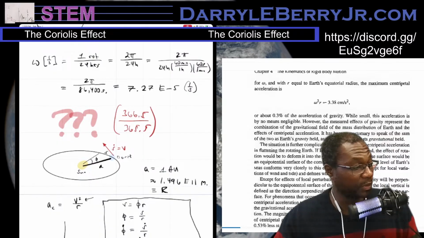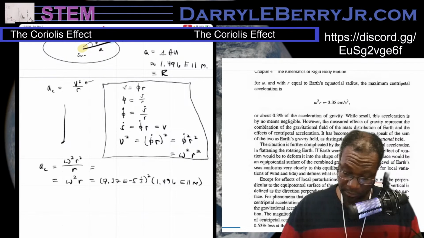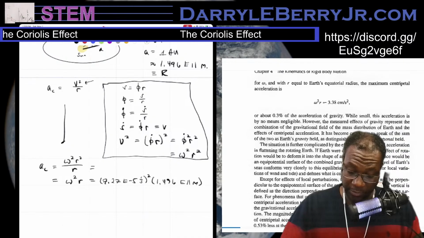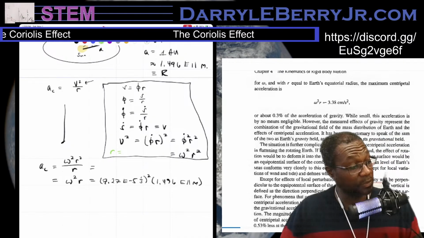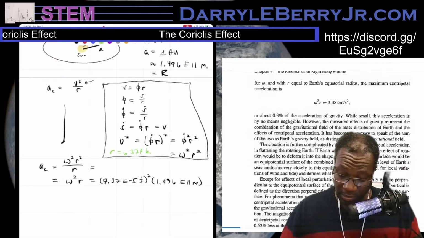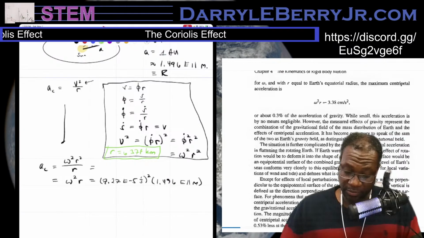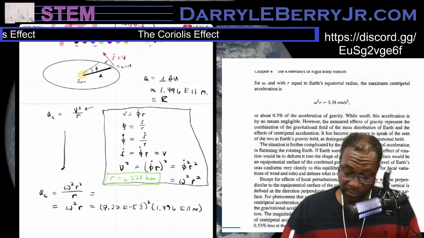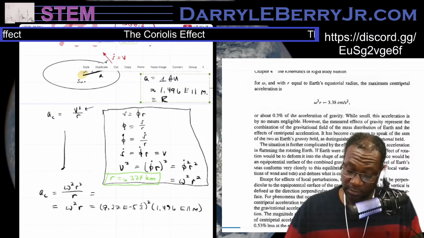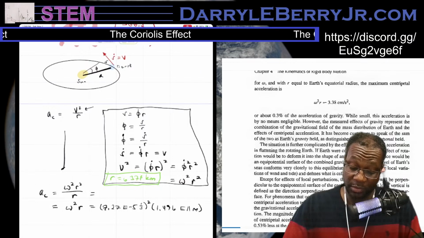Earth's radius, r equals 6378 kilometers. So this is the centripetal acceleration due to the rotation. Oh, that means the process is the same, but the whole thing will be the Earth.